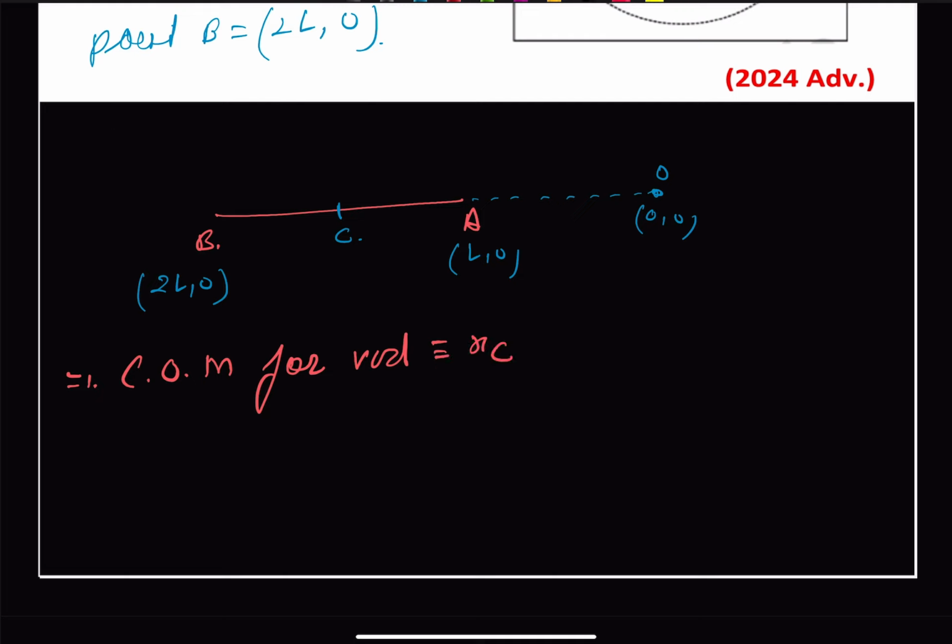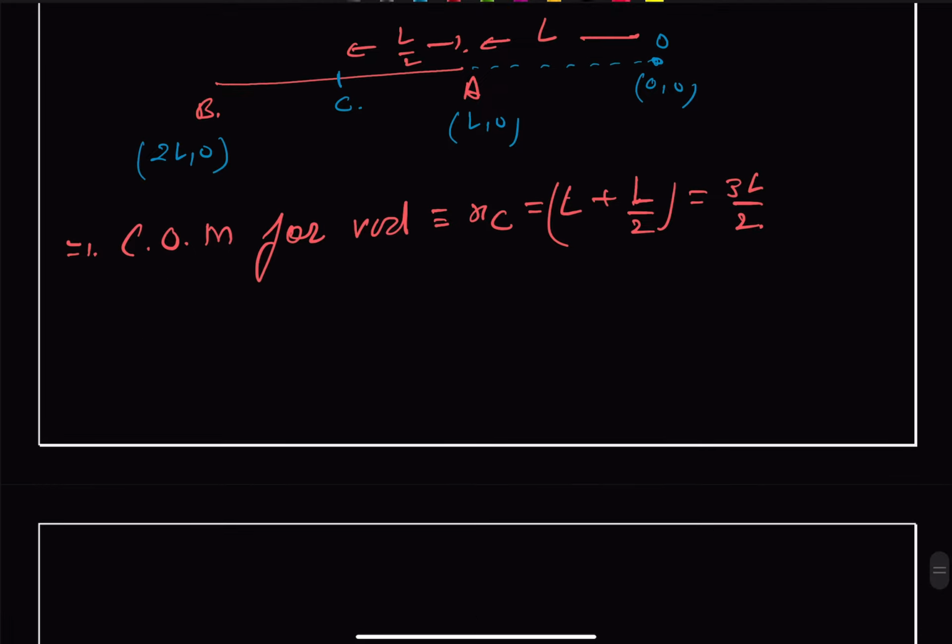Then XC will be equal to L plus L by 2, giving us 3L by 2. Therefore C has coordinates 3L by 2, 0.